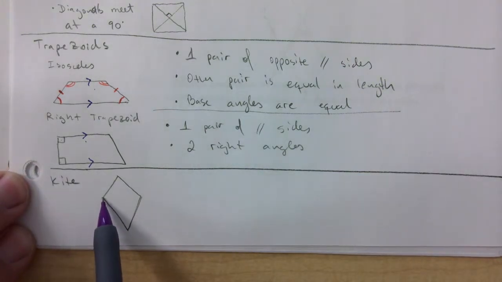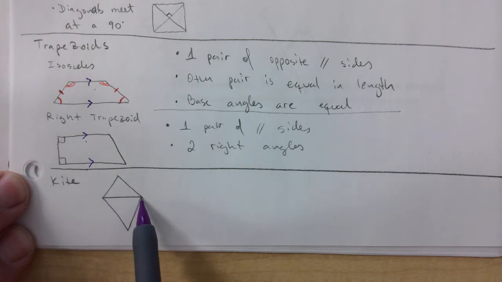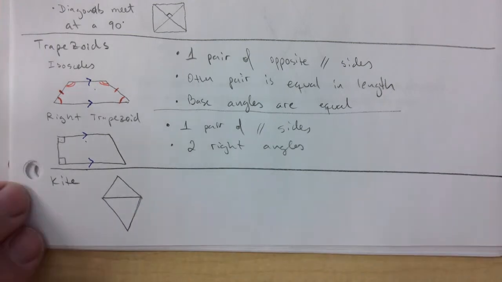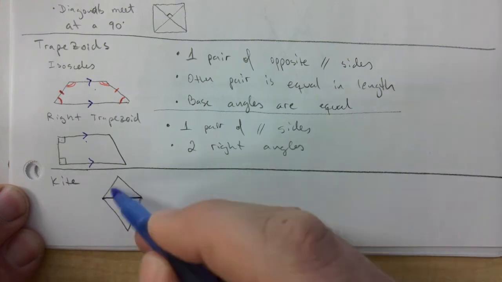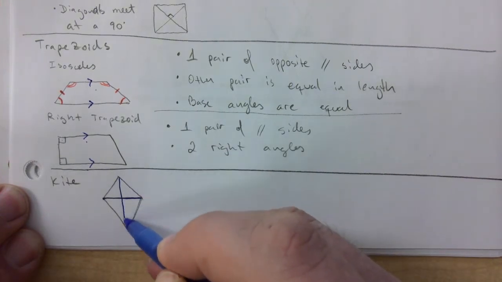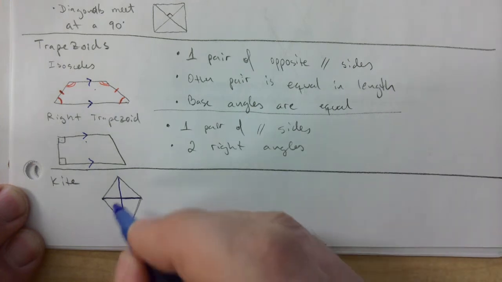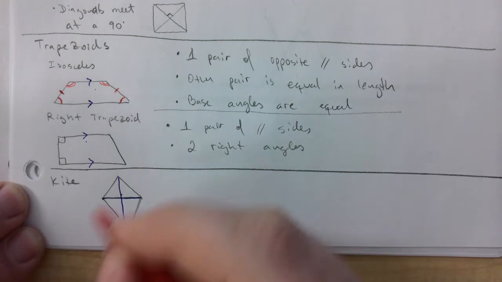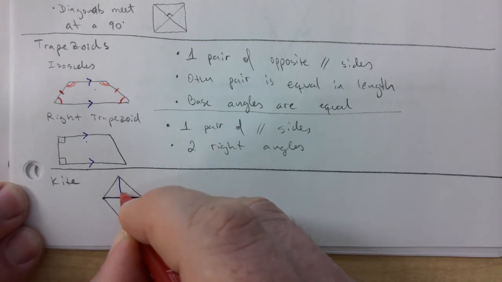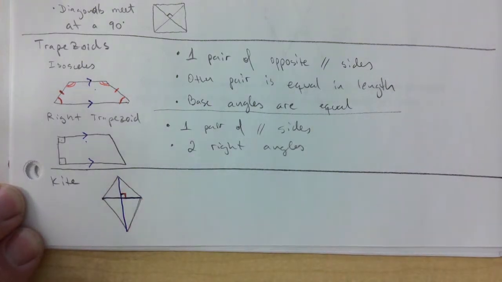And what we know is that the diagonals here, I'm going to use a different color for that. Right, the blue diagonal going across and the long diagonal going down like this. They meet at a 90 here. Okay? They're perpendicular. That's a name for meeting at 90.